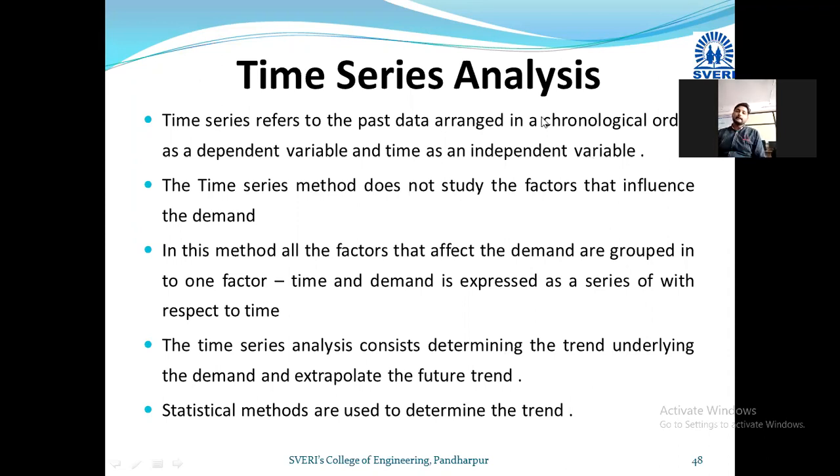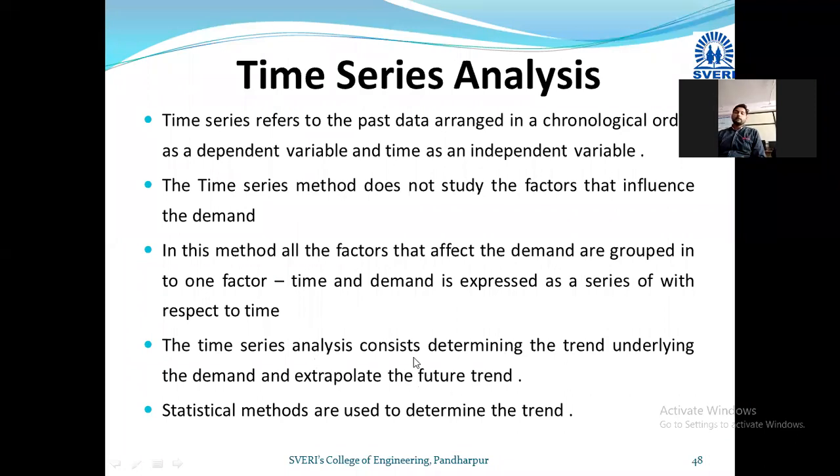So in this method, all the factors that affect the demand are grouped in one factor, that is time, and demand is expressed as a series with respect to time. The time series analysis consists of determining the underlying trend in the demand and extrapolating the future trend.